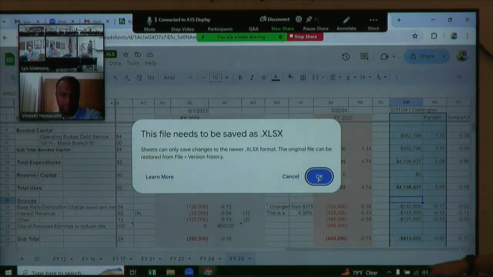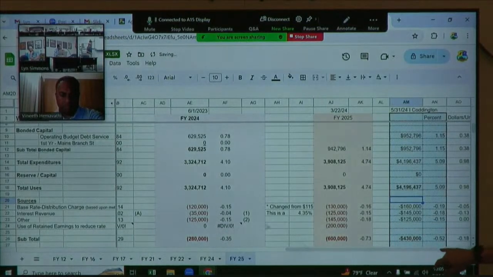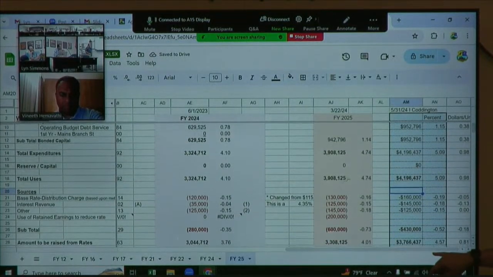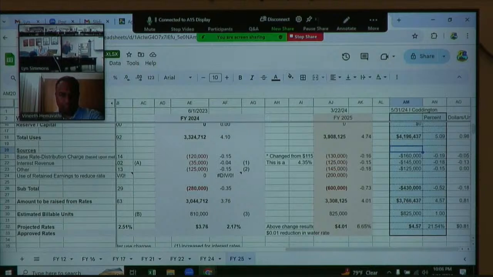If you go down to the bottom, it'll show you what the rate actually goes to. It goes to something like that. 3 cents off? Yeah, it's very small, because it's only $30,000 more, so it's 3 cents. It's from 130 to 160.